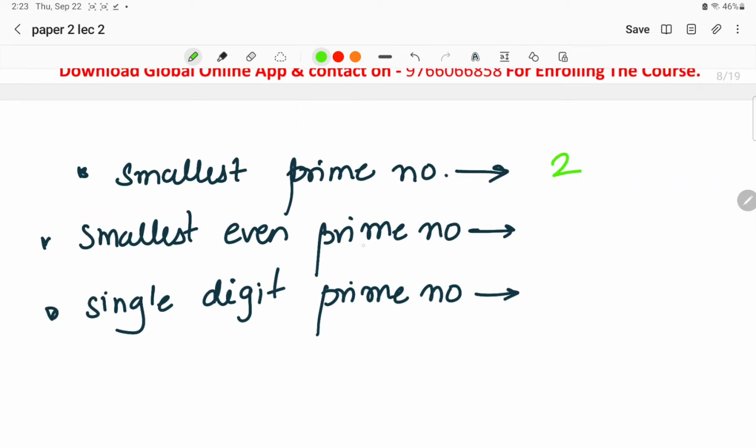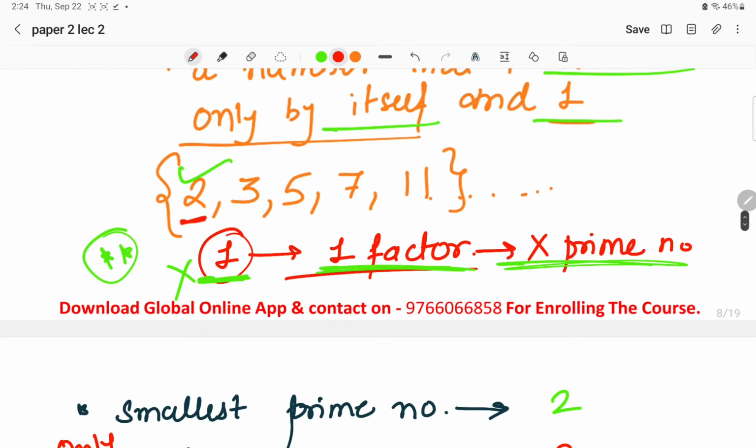Now the smallest even prime number. The question has a little twist. Actually there is only a single even prime number, that is 2.